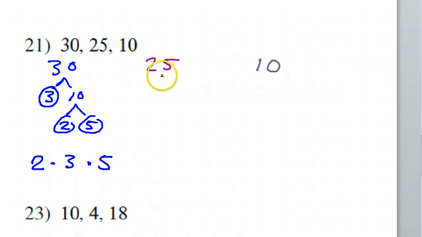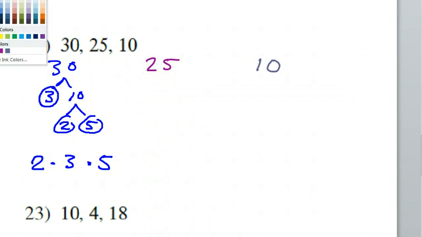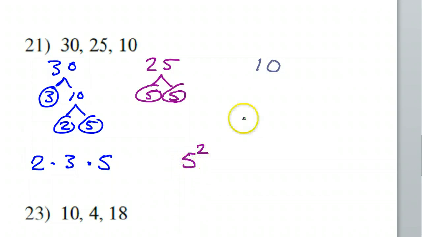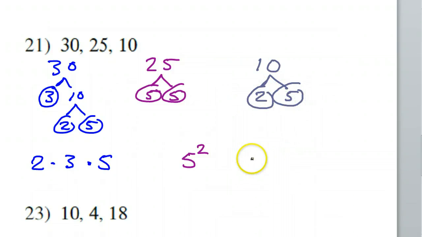Now, the 25 is automatic, because 25 is 5 times 5. And that's immediately prime. So that's going to be 5 squared. And then 10 is 2 times 5, and those are immediately prime.